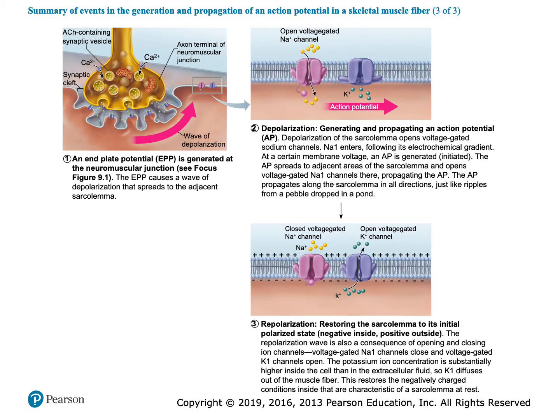Slowly that potassium is going to leave and this area is going to go back to negative 70. But that's okay because the electricity is going down into the cell. It's going to go find that smooth ER, that sarcoplasmic reticulum to let out the calcium because the zap has traveled.